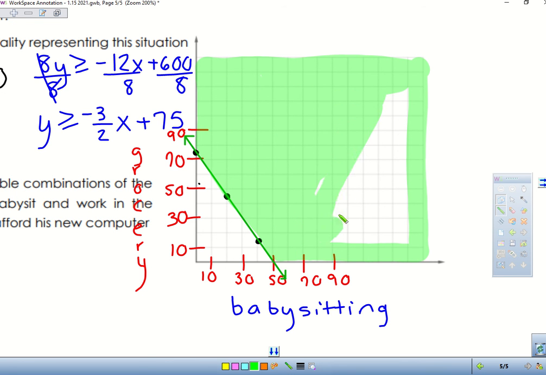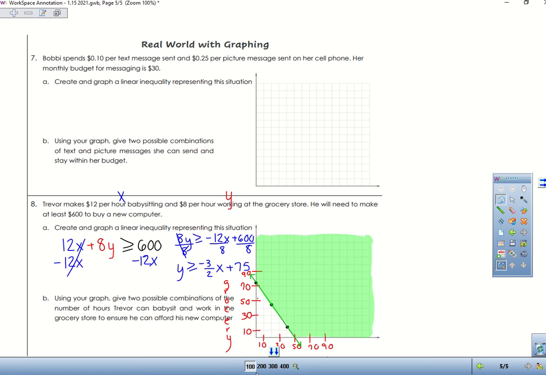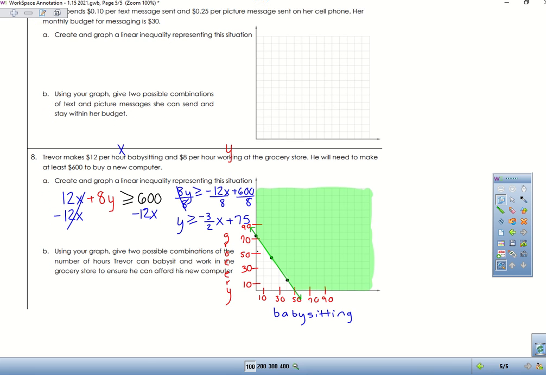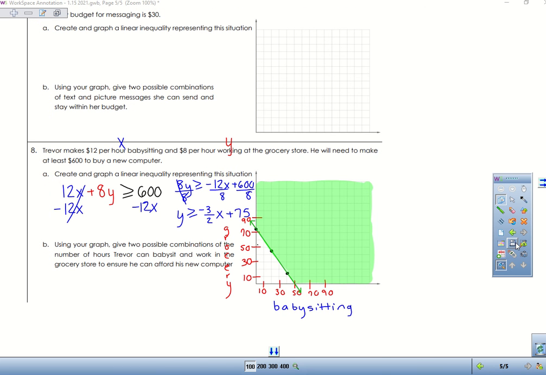Yeah. So now let's look at the last question here. It says, using your graph, give 2 possible combinations of number of hours Trevor can babysit and work in the grocery store to ensure he can afford his new computer. So you can basically pick any point.